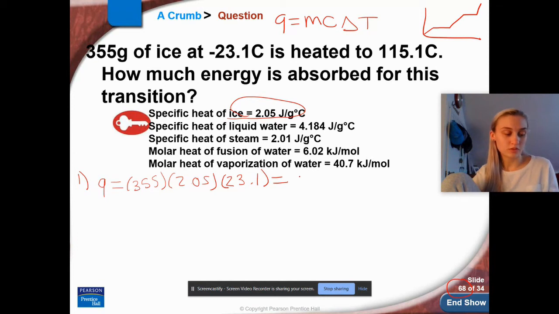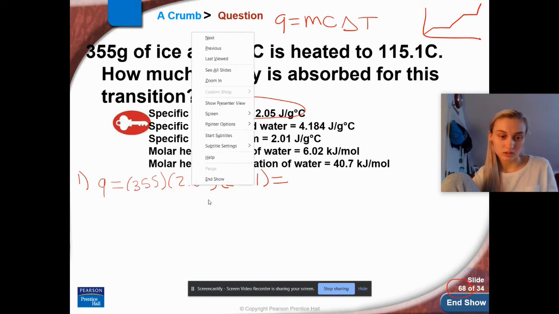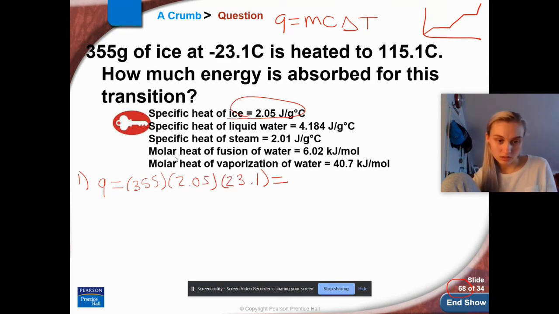So I'm going to do 355 times 2.05 times 23.1, and you get this big number, 16,8111.